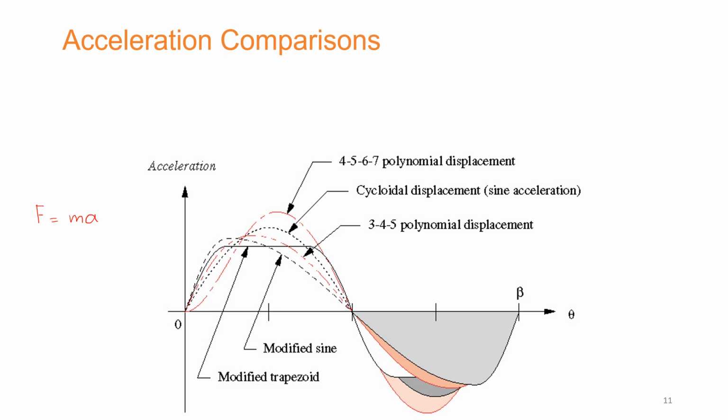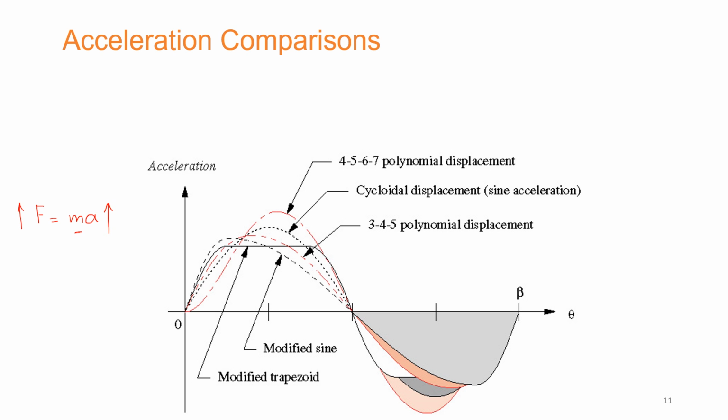Now in case of a follower being governed by the cam motion, you can see that the follower is going to have a specific mass. So if the acceleration number is big, it would mean that the force requirement is big as well. And if acceleration is not that big, it would mean that the force to run or move the follower is going to be lower as well.